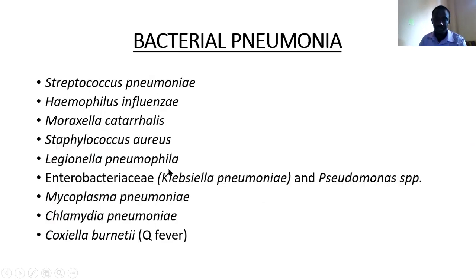Bacterial pneumonia: the causative organisms, we have Streptococcus pneumoniae being the commonest. Then others you have are Haemophilus influenzae, Moraxella catarrhalis, Staphylococcus aureus, Legionella pneumophila, among others, Chlamydia and Coxiella burnetii.